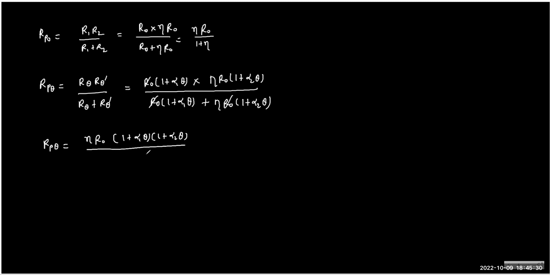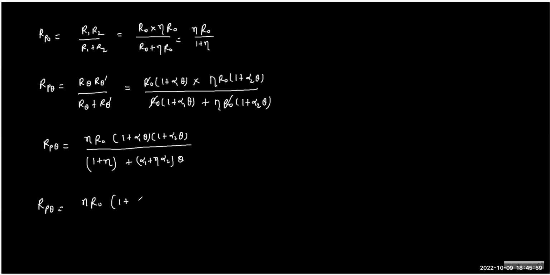upon 1 plus eta, I can take separate alpha 1 plus eta alpha 2 into theta. And I need to take 1 plus eta common. You know why? Because we have this upon this as RP 0. So to get in that format, the numerator I will keep as such, and what I can do is multiply all terms one by one.